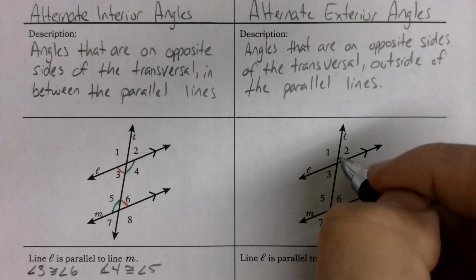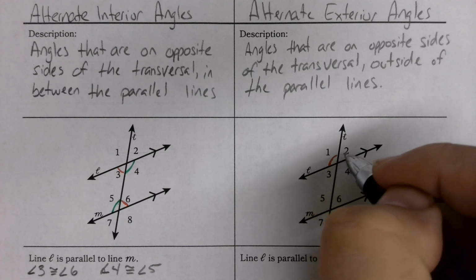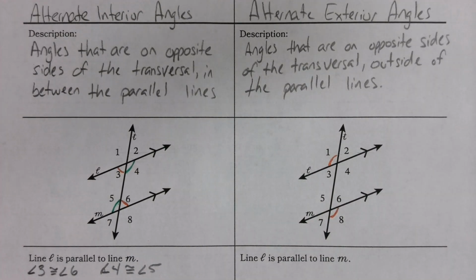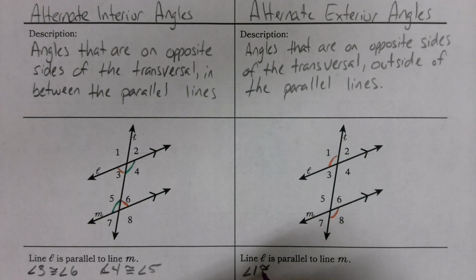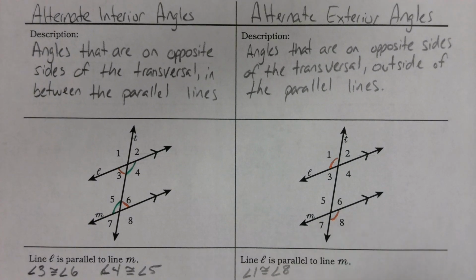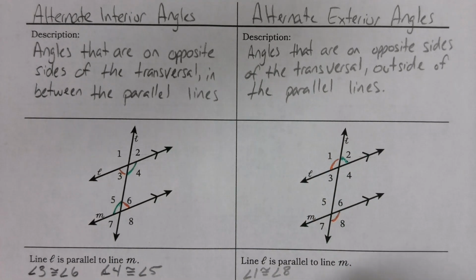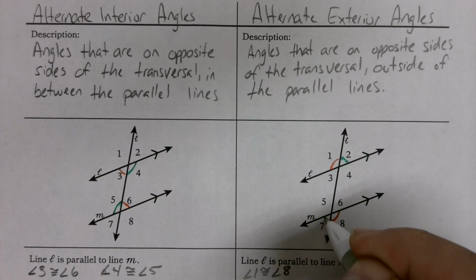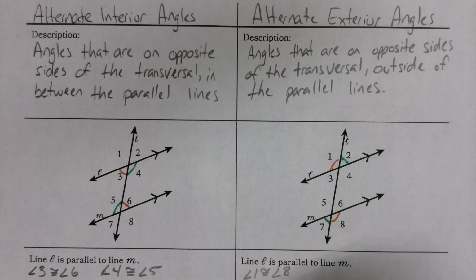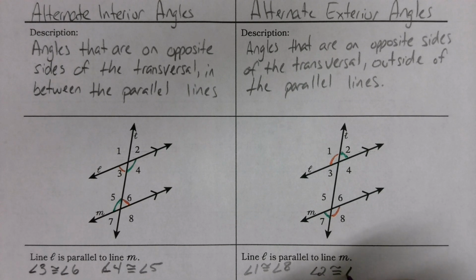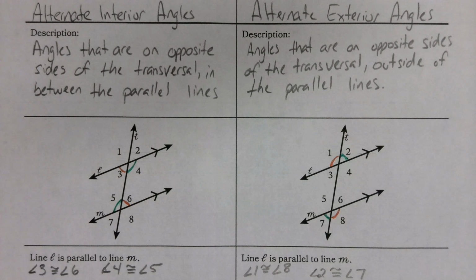So opposite sides, so on the other side, but outside of the parallel lines. So angle 1 is congruent to angle 8. Then we would have angle 2, because it's outside the parallel lines. That is congruent to angle 7, because that's on the opposite side of the transversal. So angle 2 and angle 7.